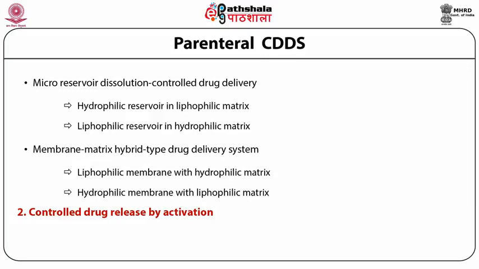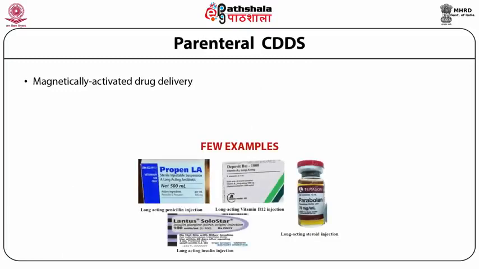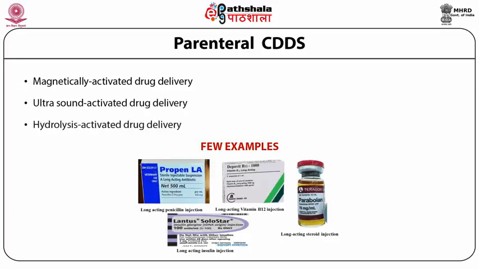It may include osmotic pressure activated, vapor pressure activated, magnetically activated, ultrasound activated, and hydrolysis activated drug delivery. The word activated indicates very clearly the tool through which this mechanism has to be triggered for the controlled release of the drug.